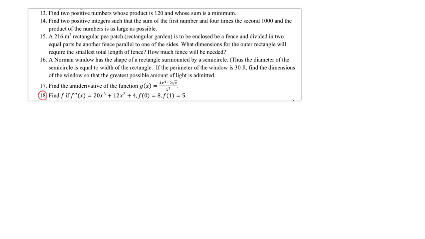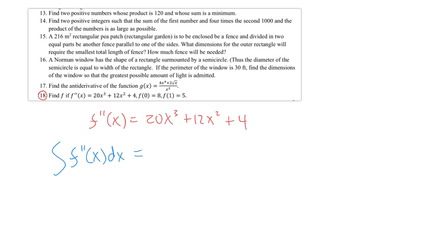So with regards to the situation, it would be f double prime of x is equal to 20x cubed plus 12x squared plus 4. Now the antiderivative of that is going to be the first derivative of f of x, okay?